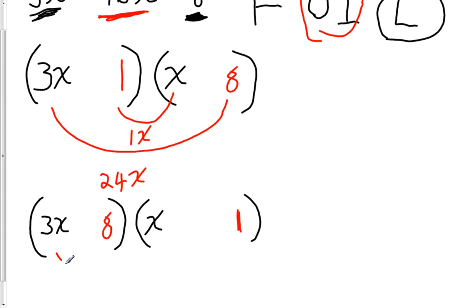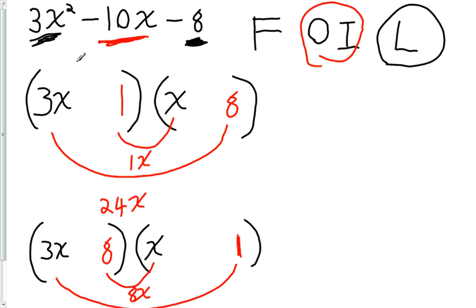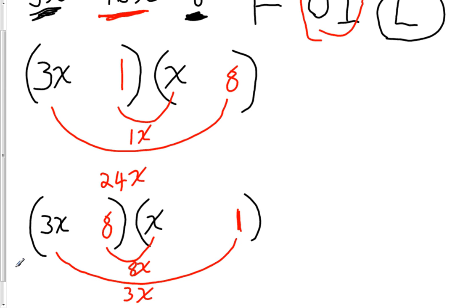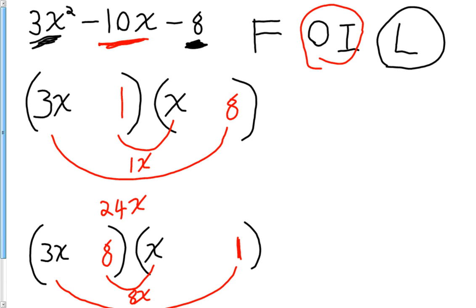Outside will give me a 3x, inside will give me an 8x, and now I have to see if I can get a negative 10x, which is the middle term, from an 8x and a 3x. If I add 8x and 3x, I get 11x, which is not 10x. And if I subtract 8x and 3x, I can only get either negative 5x or positive 5x, neither one of those being negative 10x. So the factors of 1 and 8 will not work.